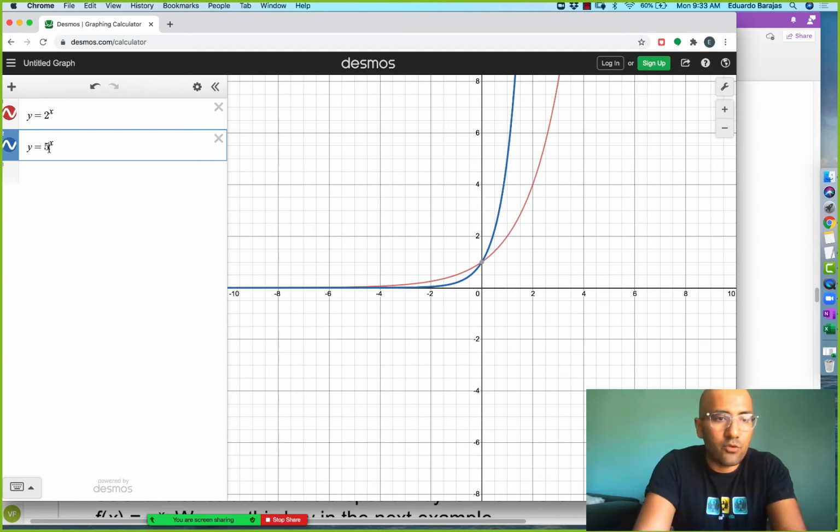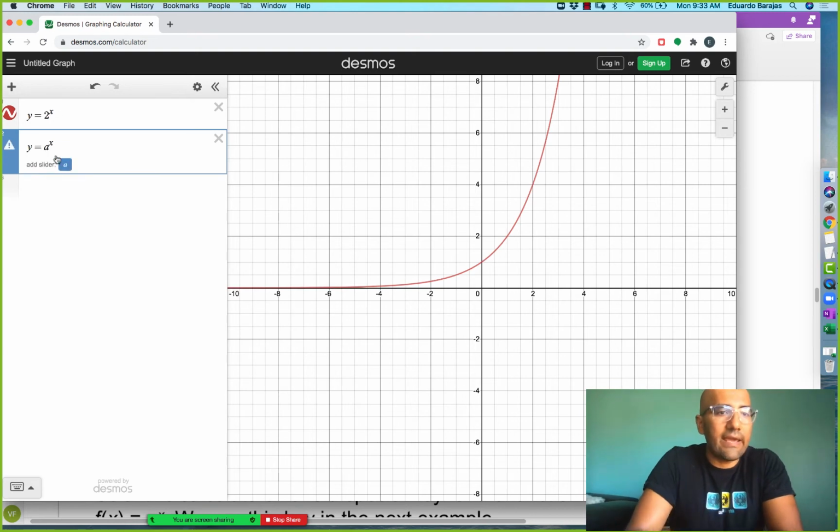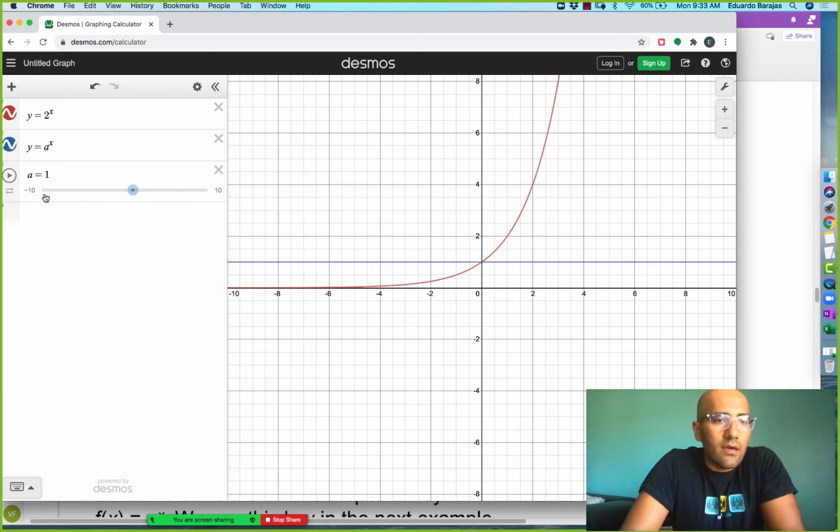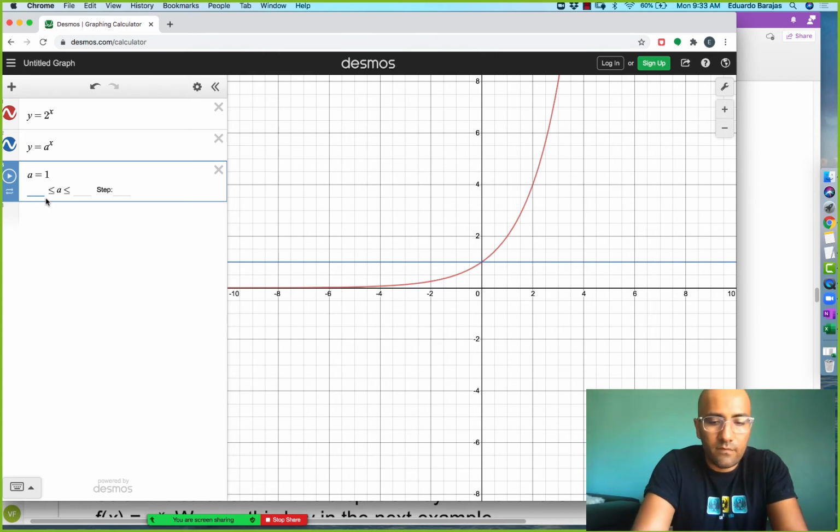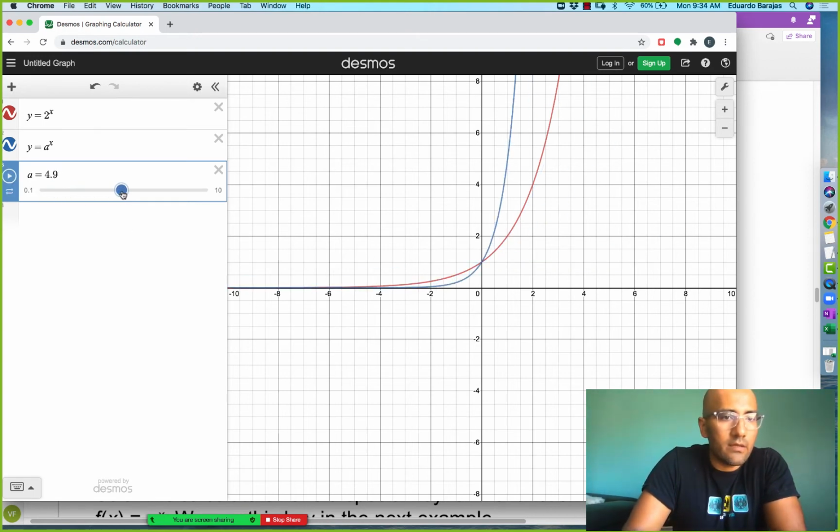Let's make the base some sort of slider. Let's let that be a. A is a slider, and let's let it go from 0.1 to, I don't know, 10 by 0.1 increments. And so here's 2.